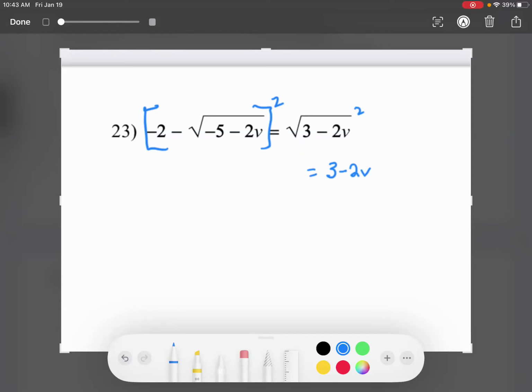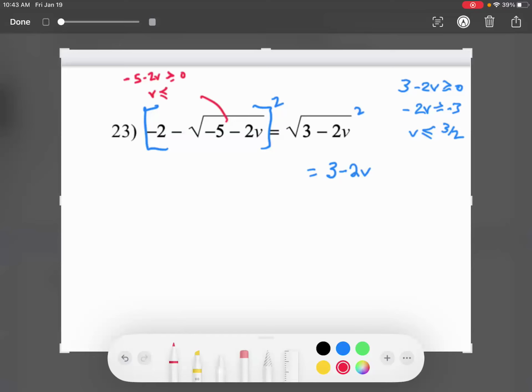Also, we know that 3 minus 2v has to be greater than or equal to 0. V has to be less than or equal to 3/2. And then from this one, we know -5 minus 2v is greater than or equal to 0.